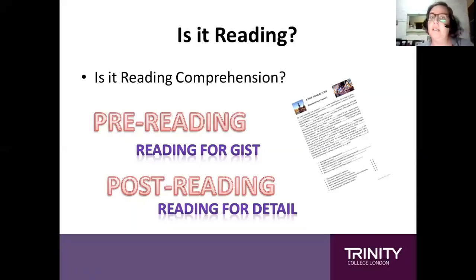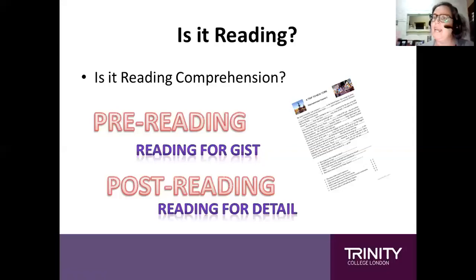So I'm talking about including in the remote tasks a pre-reading moment in which we have to get students to grasp the main idea of the text. We need to get students to pay attention to paratext features such as the title of the text or the pictures with a text.